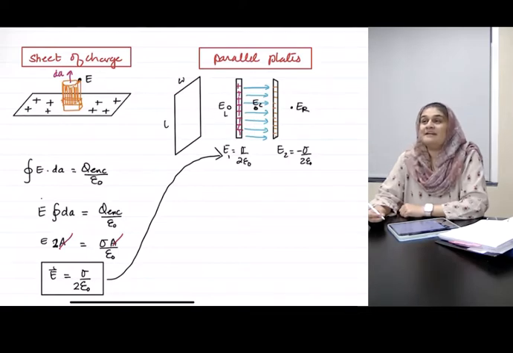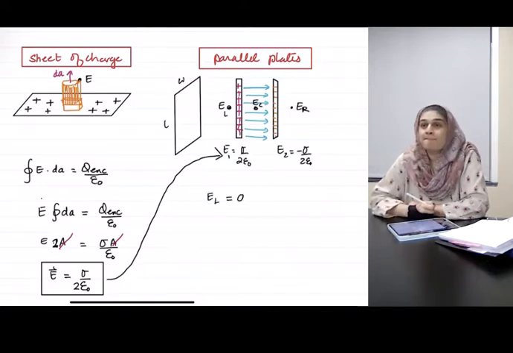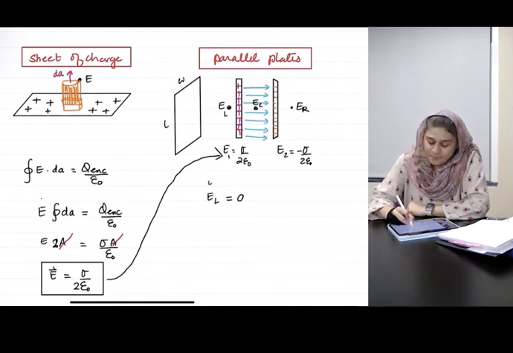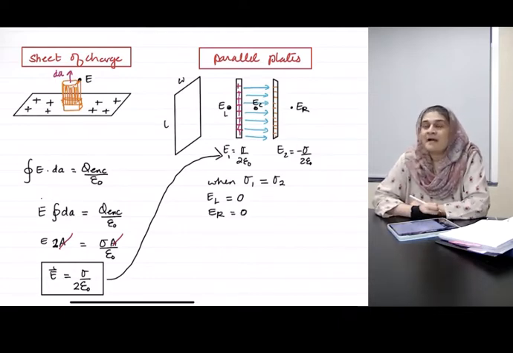What is the E field at the left side? As long as both charges are equal, when sigma 1 equals sigma 2, what is E to the right? And what is E at the center?